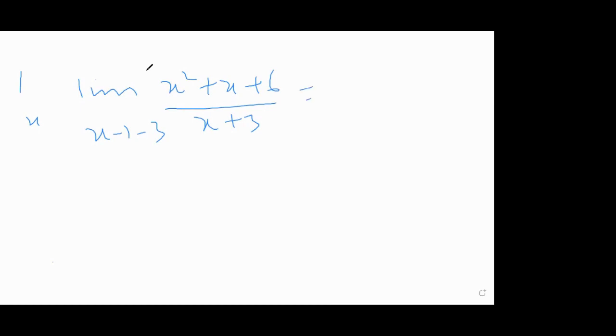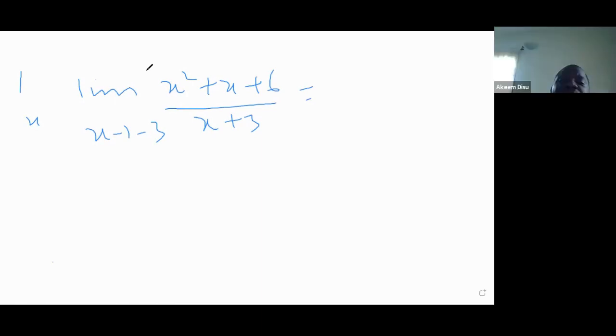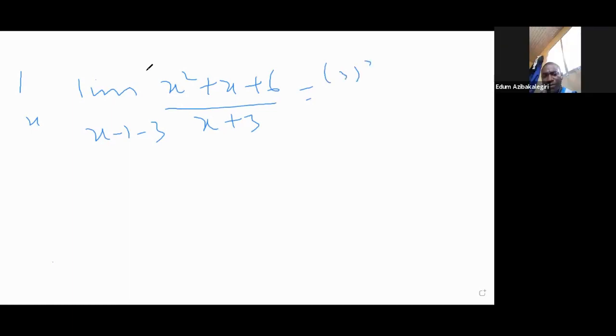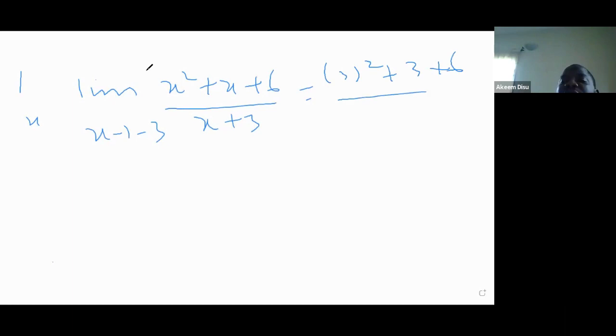You know, if we substitute directly, we substitute minus 3 here: minus 3 squared plus minus 3 plus 6.